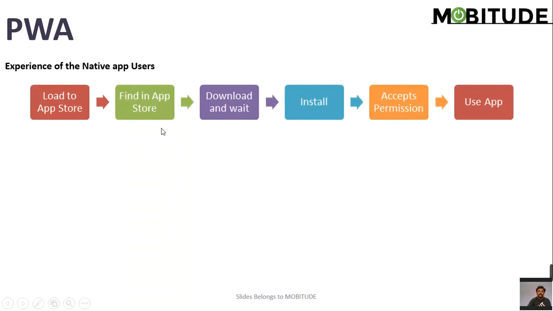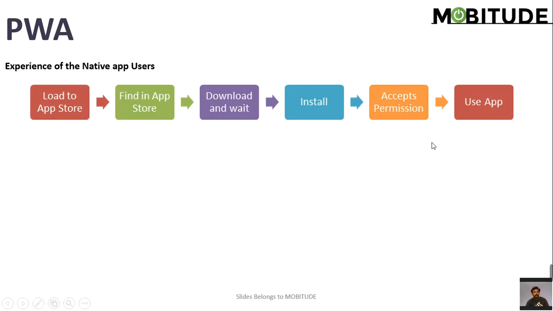Once it is displayed, the user downloads or installs it. Once installed successfully, the application asks for permissions, like microphone, audio, video, which are accepted, and then the user uses the application.